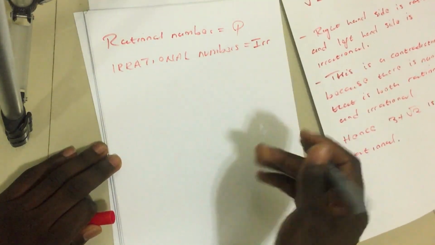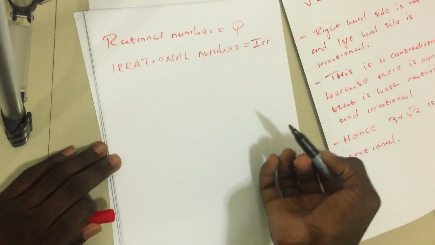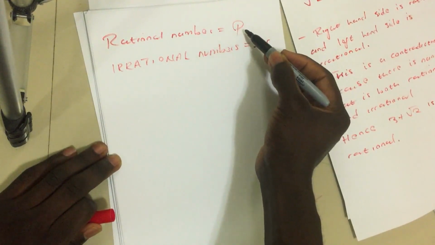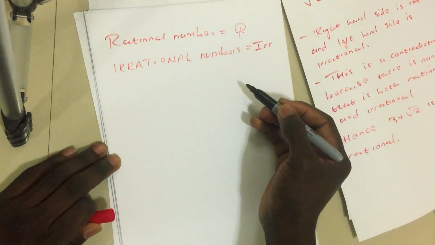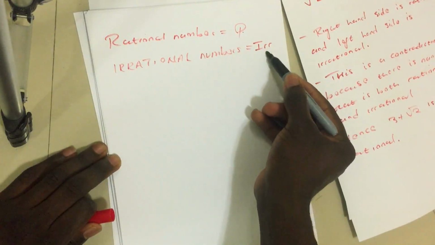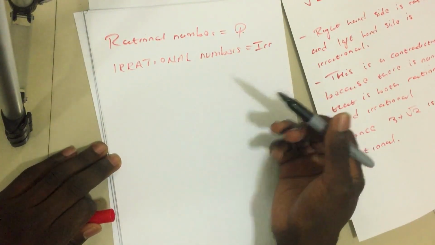So anytime you're asked to denote rational and irrational numbers, a rational number can be denoted by this, which is just a Q, and irrational numbers can be denoted by this, which is IRR.